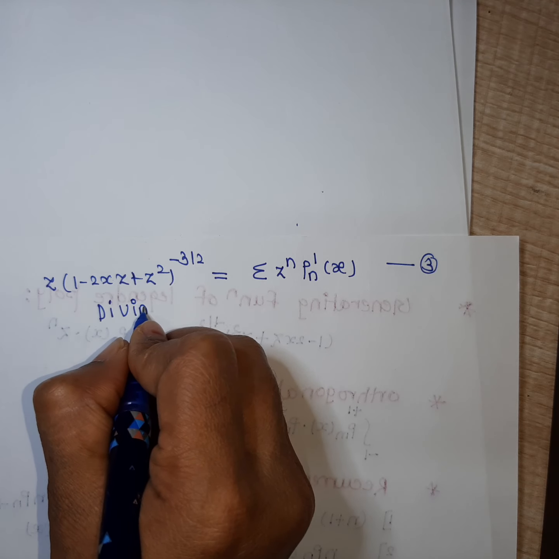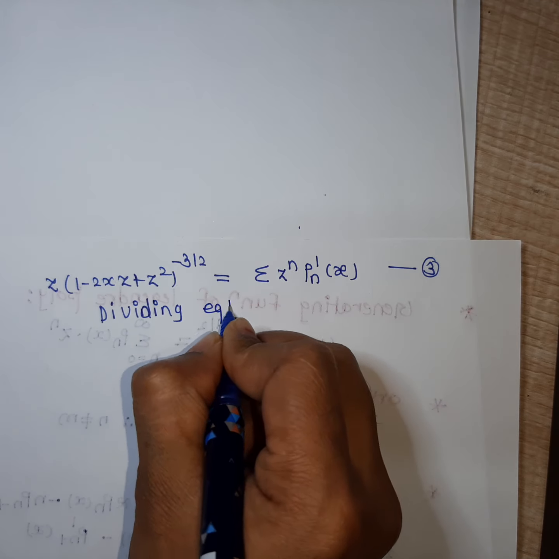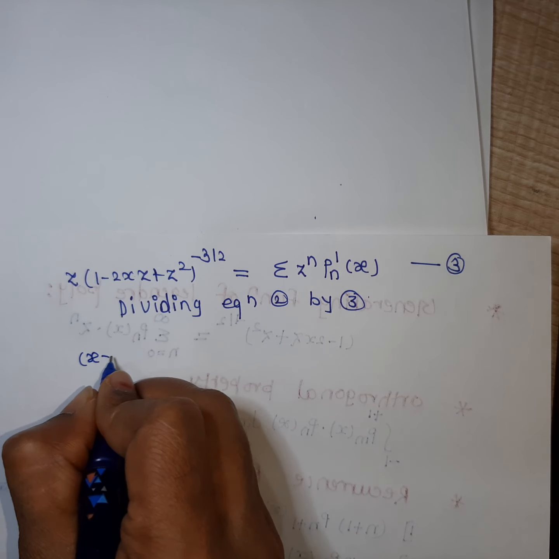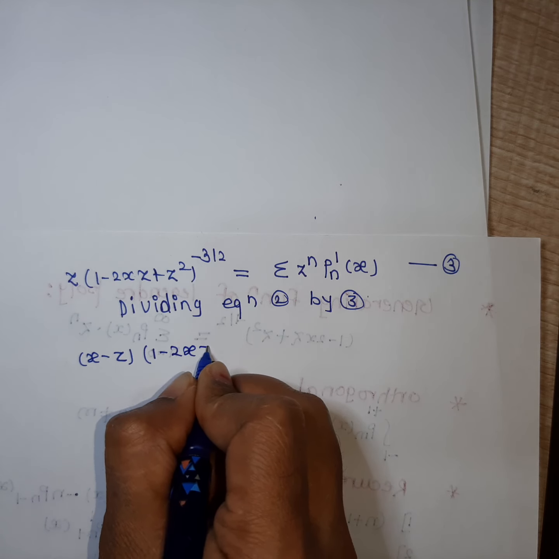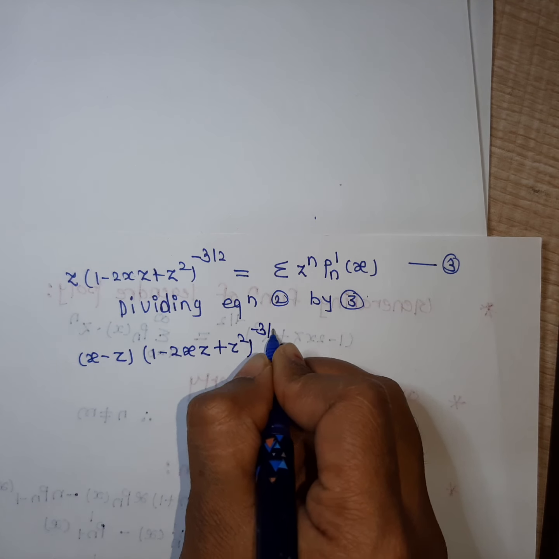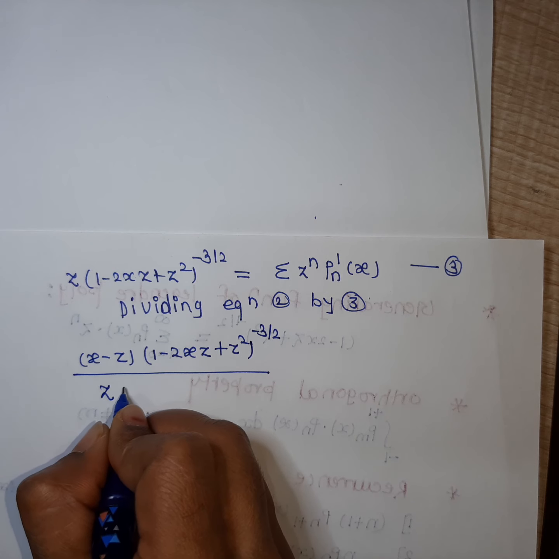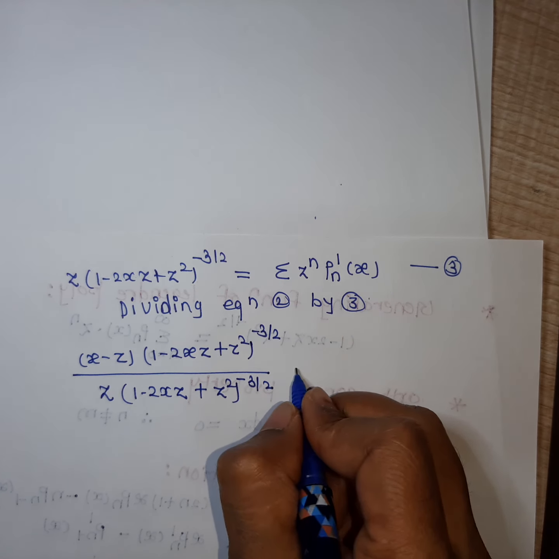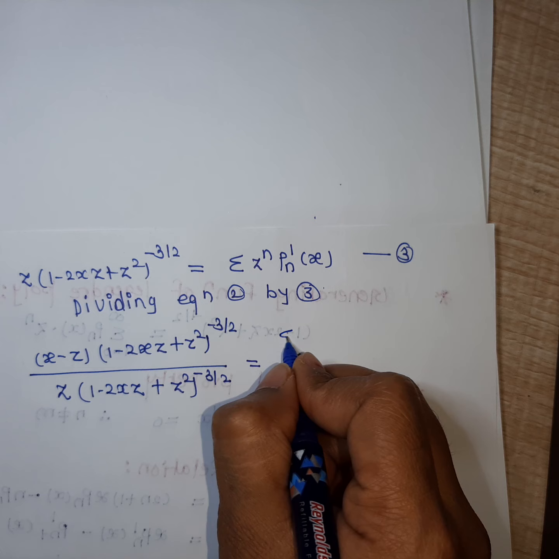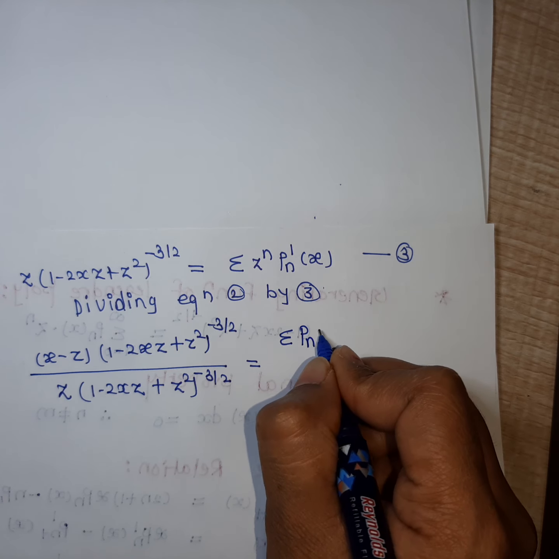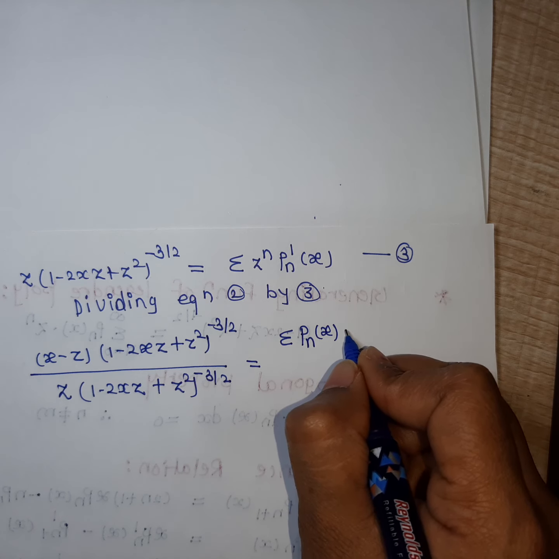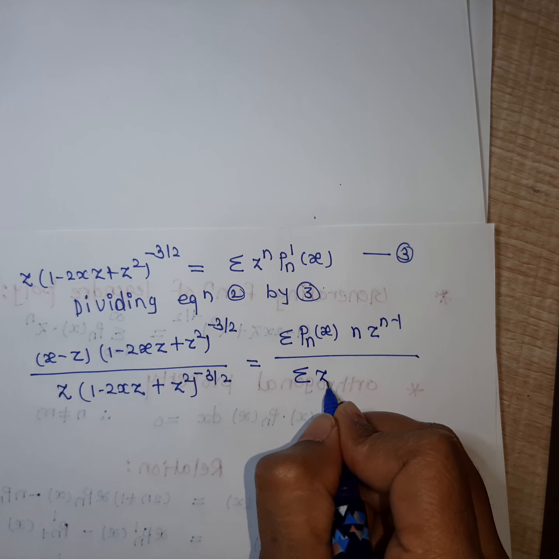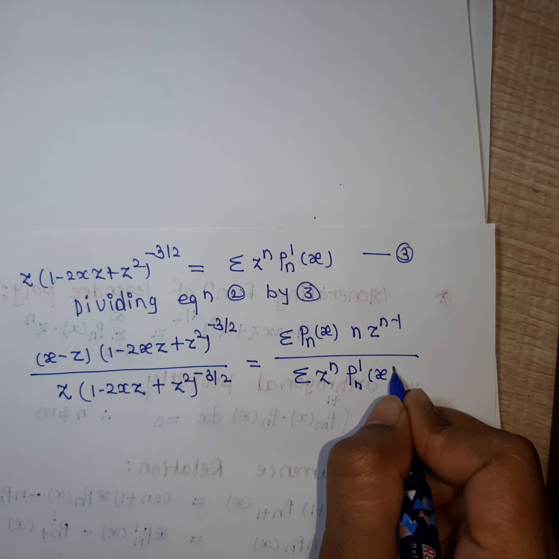Then dividing equation 2 by 3. Then divide: (x minus z) (1 minus 2xz plus z square) whole power minus 3 by 2 divided by z (1 minus 2xz plus z square) whole power minus 3 by 2 is equal to summation Pn of x into n into z power n minus 1 divided by summation z power n Pn prime of x.